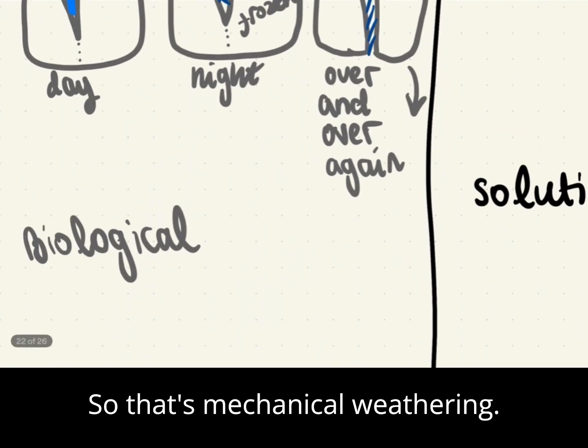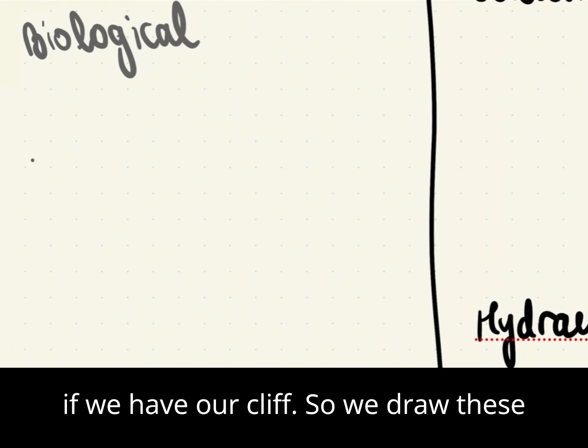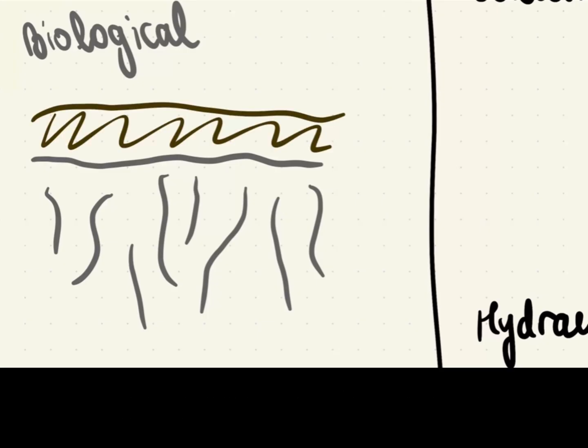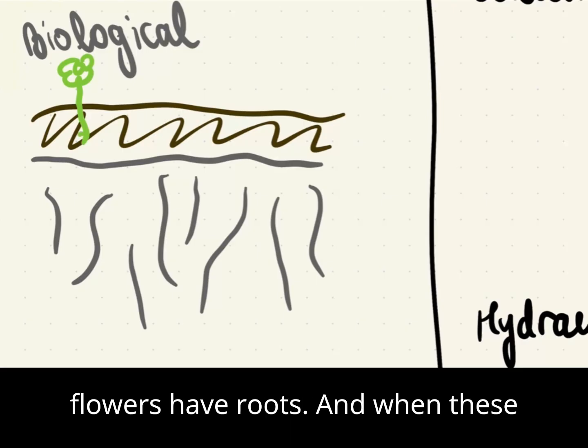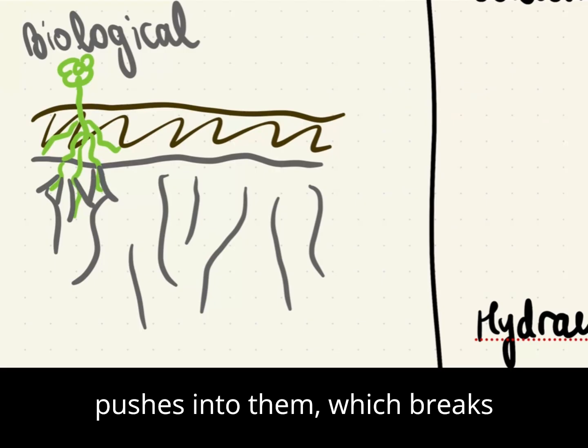So that's mechanical weathering. Biological weathering is if we have our cliff. We draw these little fractures inside. We have some flowers. These flowers have roots, and when these roots grow, they push into these fractures, which breaks the rock apart.